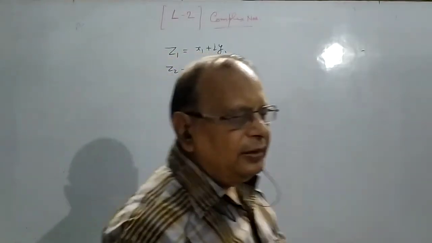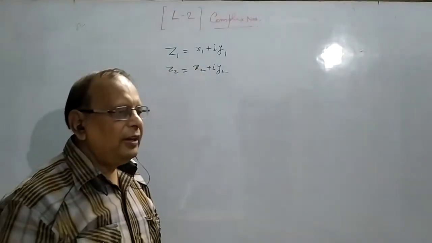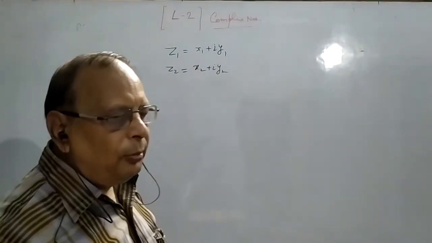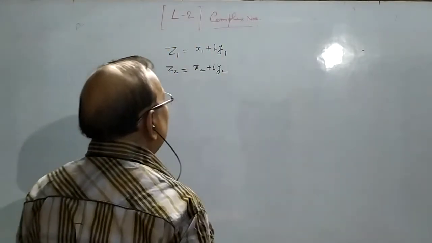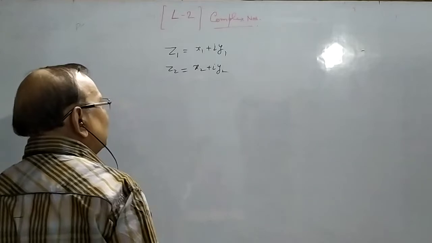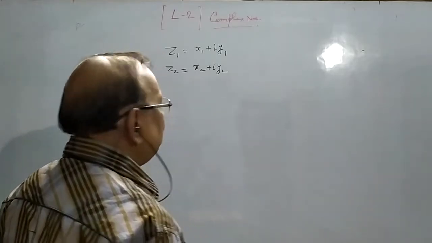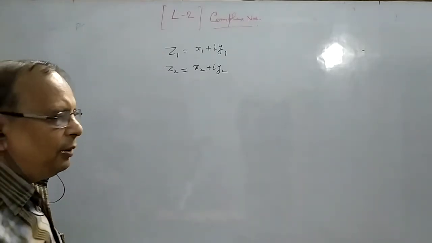In general, we write in this form, x plus iy form. That is called the x plus iy form or standard form. That is x1 plus iy1, the first complex number. x2 plus iy2 is the second complex number.